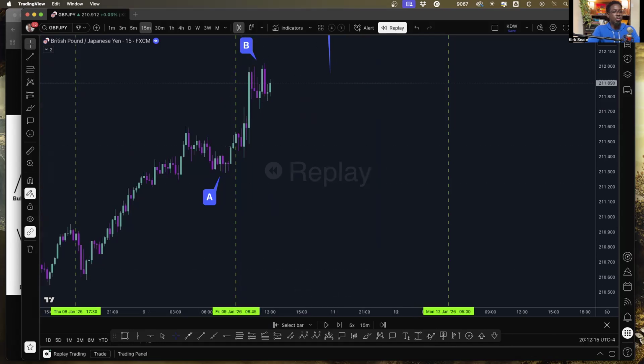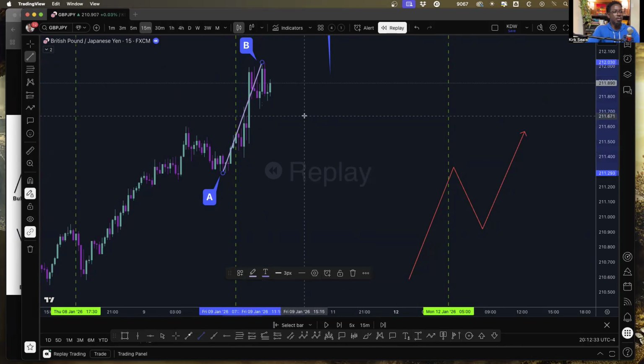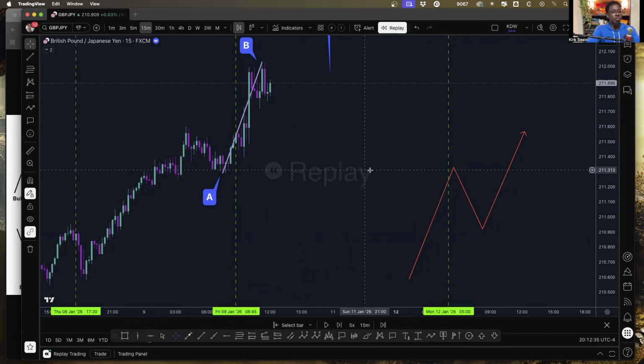Now we know that price has been going up, so we're in an uptrend, but we're looking to see if we can find C. We're looking for C. So far, we have the beginning, A, B. C is going to be somewhere over here.